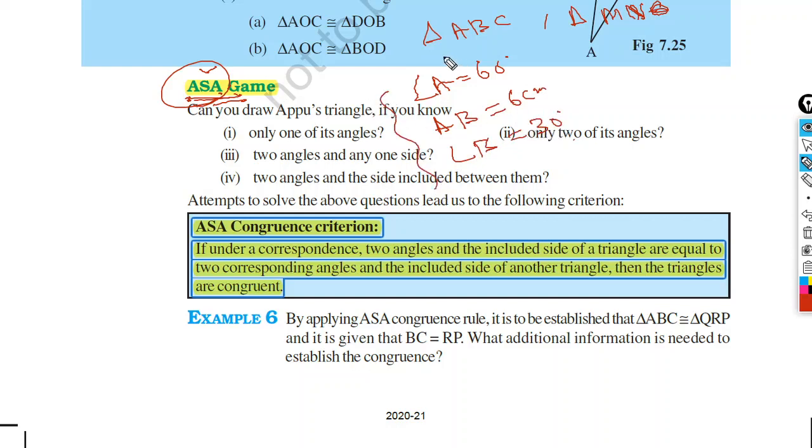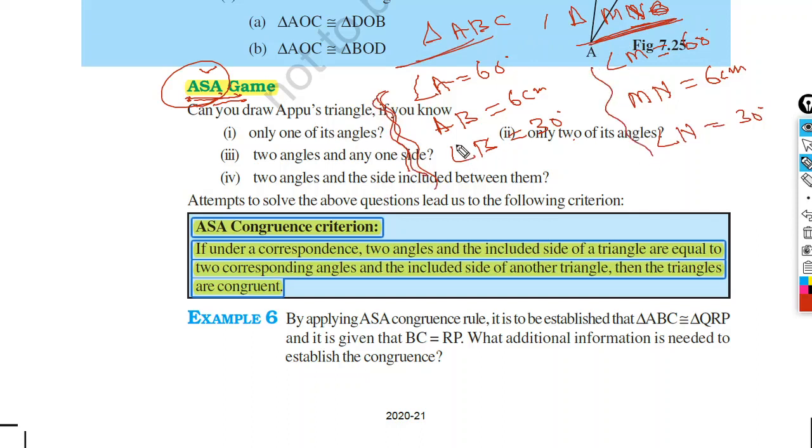This much data for triangle ABC, and for triangle MNO you can take angle M equal to 60 degrees, then MN equal to 6 cm, and angle N equal to 30 degrees. You first draw the two triangles ABC and MNO with these dimensions.